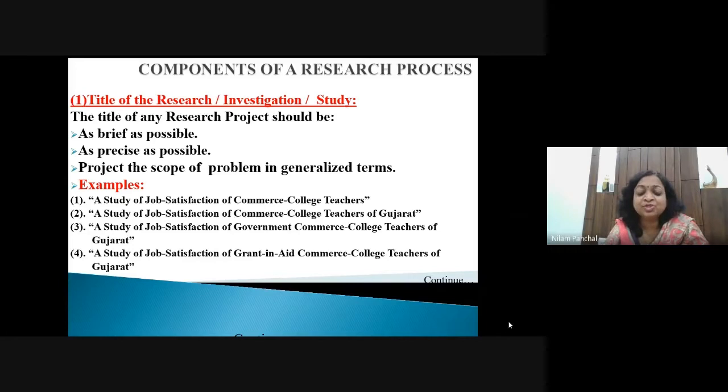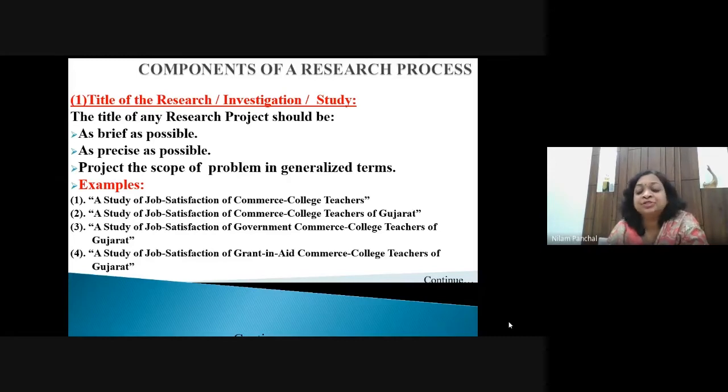Just try to see. The first is somewhat a broad title, talking about job satisfaction of the Commerce College teachers. Secondly, teachers of Gujarat. Thirdly, Government Commerce College teachers of Gujarat. So in the third title, the researcher is very specific that he or she wants to collect the data of the Government Commerce College teachers only.